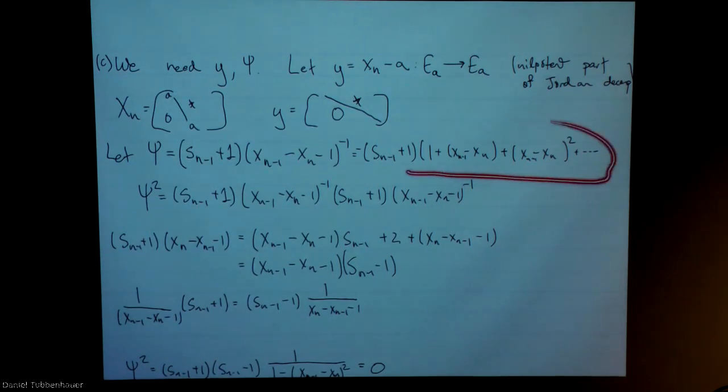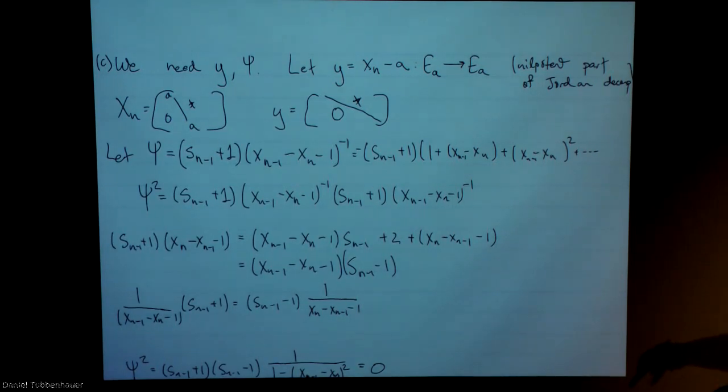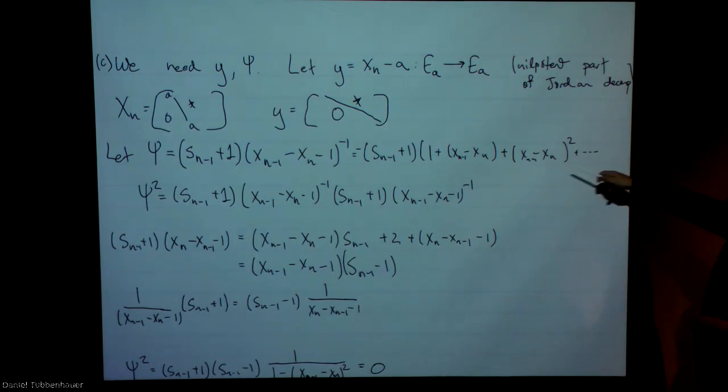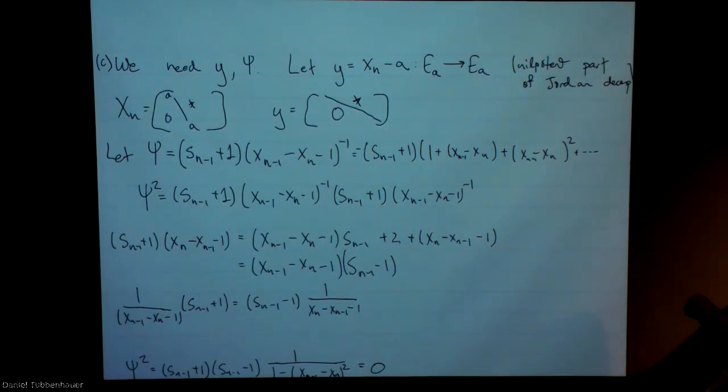Well, here I even have my formula: X_{n-1} minus X_n on E squared acts by something nilpotent. So I write out this geometric series, but eventually all the higher powers are going to be 0. So this right-hand side is well defined.